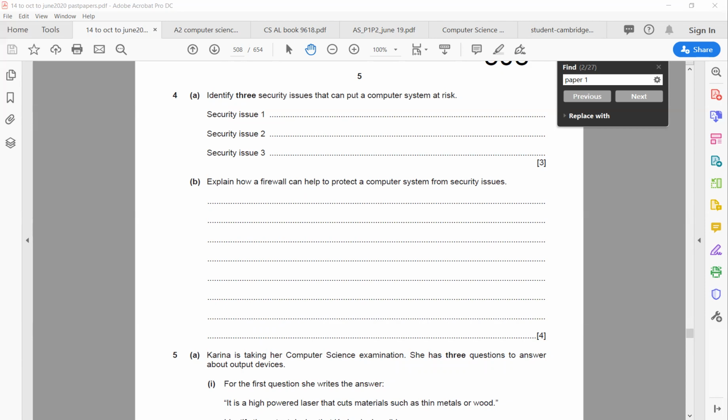So these are different security issues which can put your computer at risk.